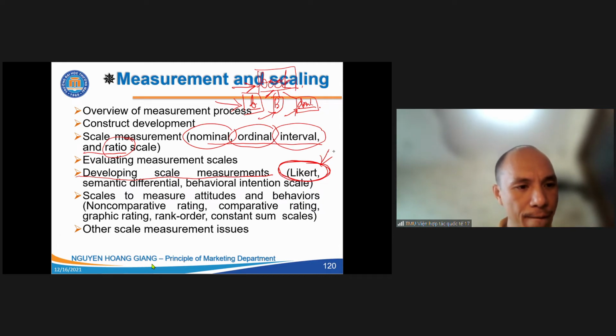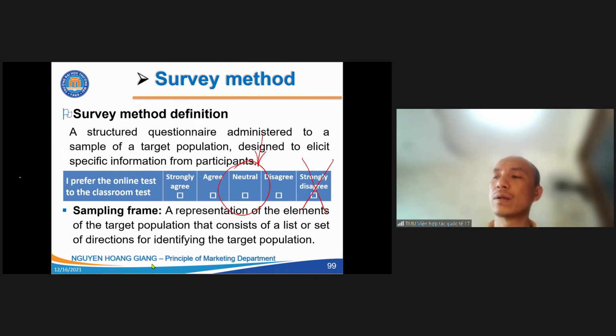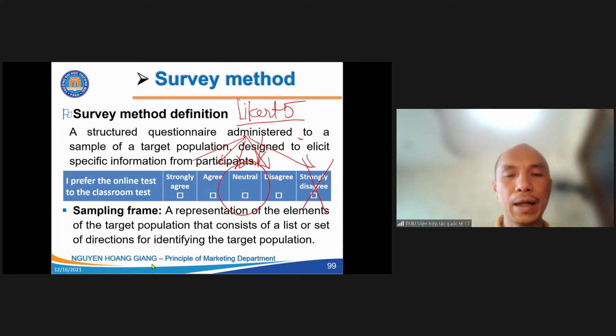Like the questions before, let's see. This one is quite a Likert scale, and this one we call Likert five, because it has five different choices, five levels, and they put 1, 2, 3, 4, 5 from the lowest to the highest.